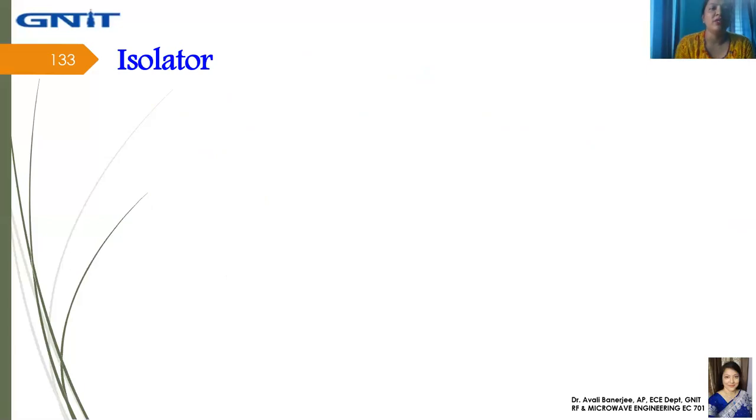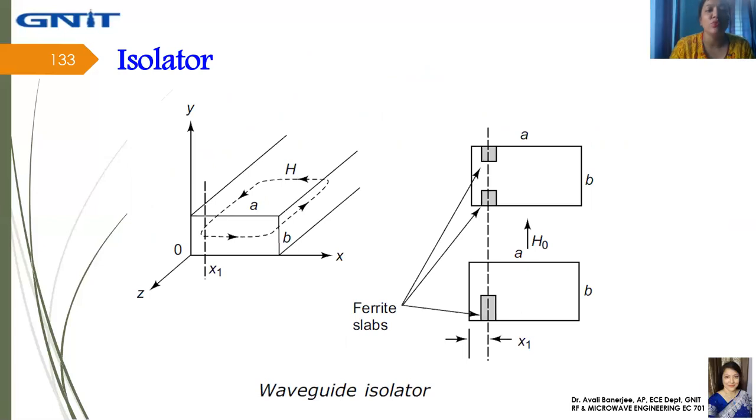Now here, coming to an isolator. An isolator is a two-port non-reciprocal device which produces a minimum attenuation of wave propagation in one direction and high attenuation in the opposite direction.